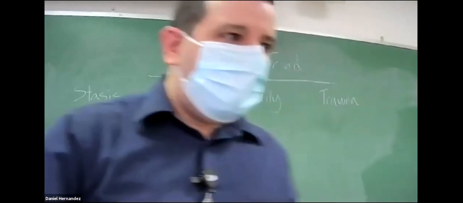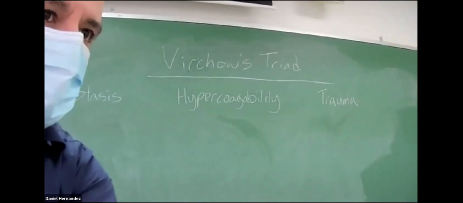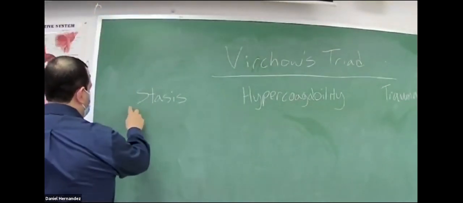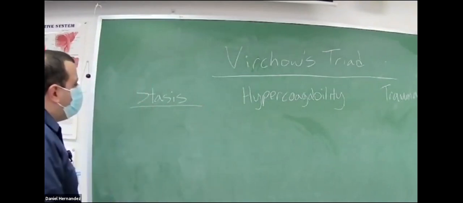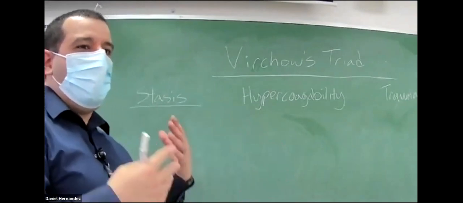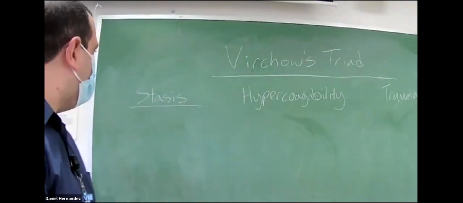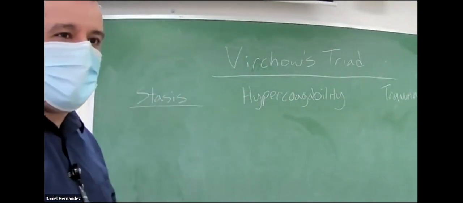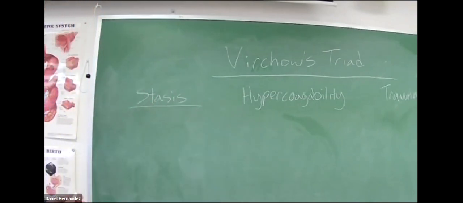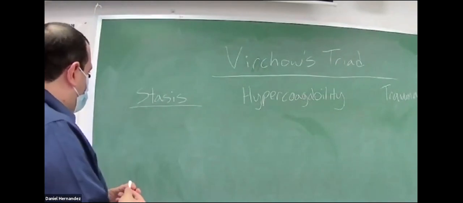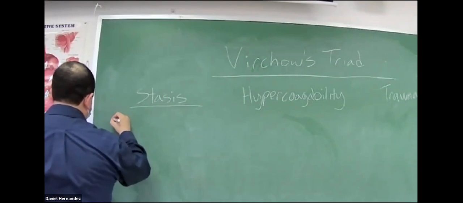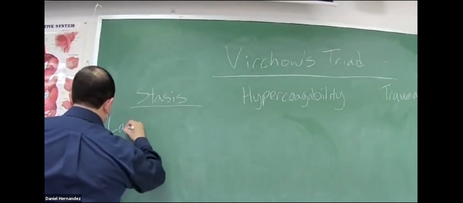All right. So the first term is stasis. That refers to static, like blood flow is not moving. So we have to think of different things that can cause stasis or prevent the blood from moving. The first main thing is obviously lack of movement.